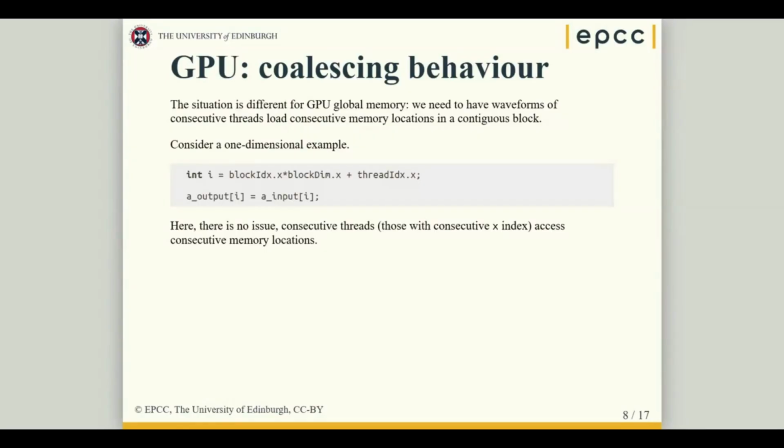It's quite well explained. For instance, in this kernel we have consecutive access. Each thread i accesses position i. So it's fine, there are no issues. Consecutive threads with consecutive index access consecutive memory locations.